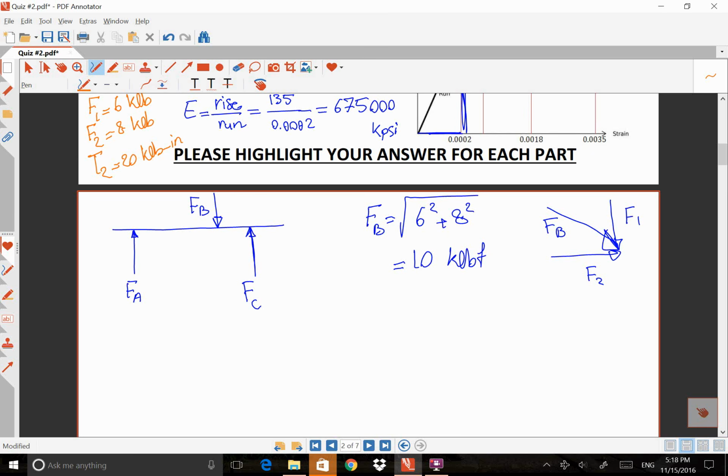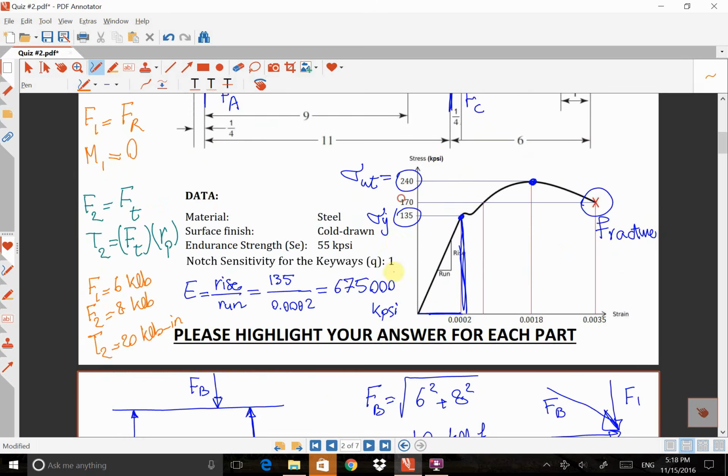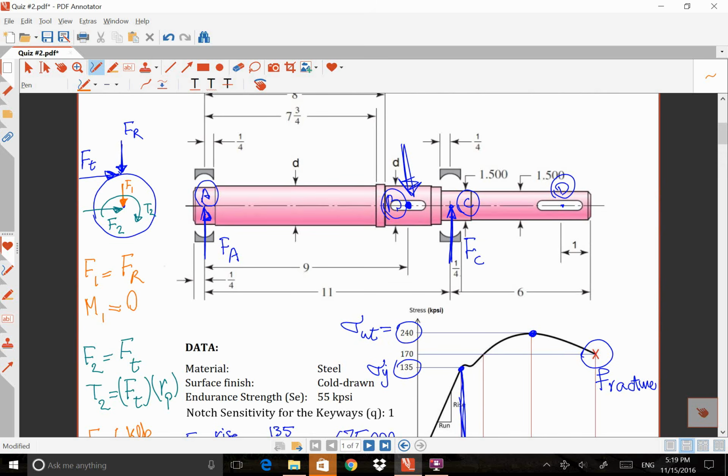When we want to write free body diagrams, we need to show the forces and the distances. The distances between the forces, and between the force and the end of the beam, are important for us. The first distance, between this force and the end of the beam, is 1/4 of an inch. Between Fa and Fb, the distance is 9. Between Fa and Fc, the distance is 11.